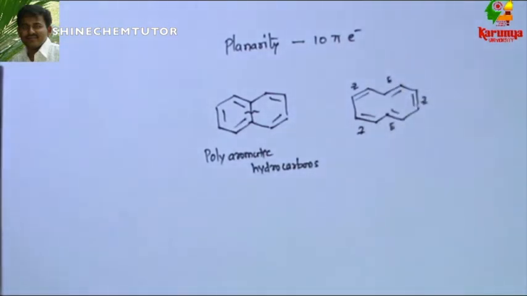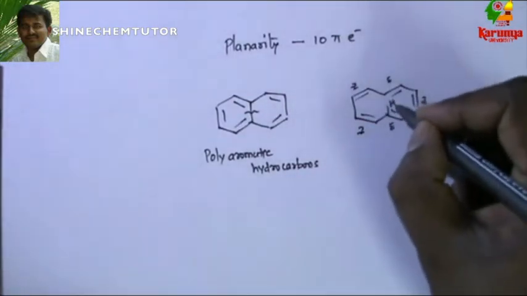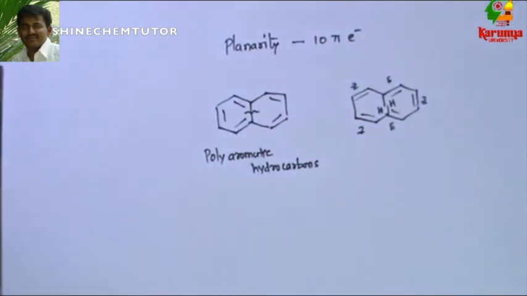When you look at this molecule, it looks like it is a planar molecule, but in actual it is not a planar molecule. The reason is this hydrogen and this hydrogen are very close.